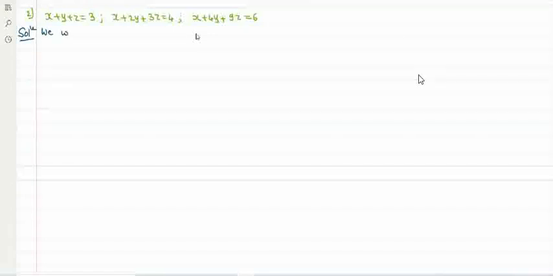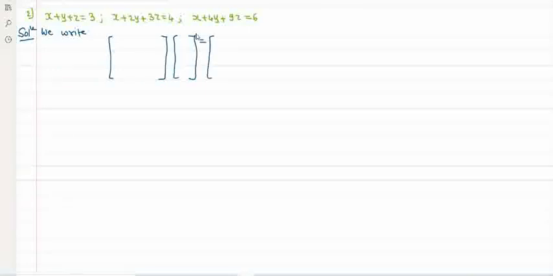We write in the matrix form. First one is a coefficient matrix. Second one is a matrix of unknowns is equal to constant matrix. Now the unknowns are x, y, z. If x1, x2 are given, you have to take those as unknowns.